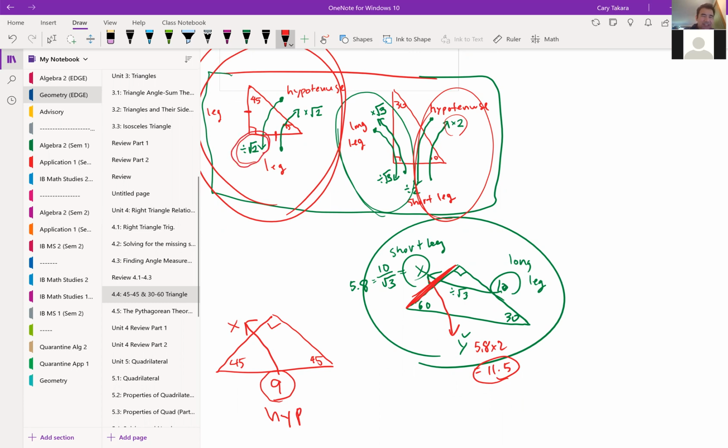Hypotenuse to leg, so you are going to divide by square root of 2. So x will be 9 divided by square root of 2, which is 6.3 or 6.4. That means the other leg is also going to be 6.4 because they are the same thing.